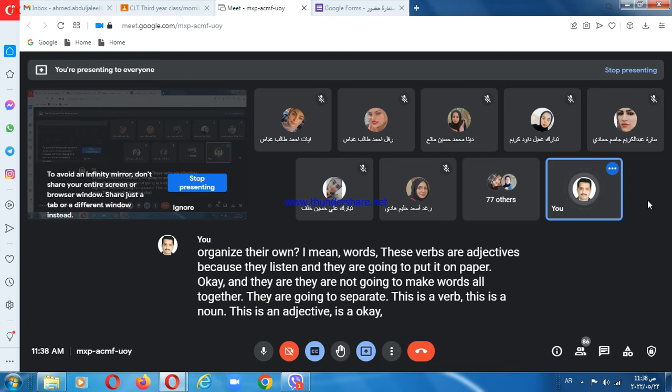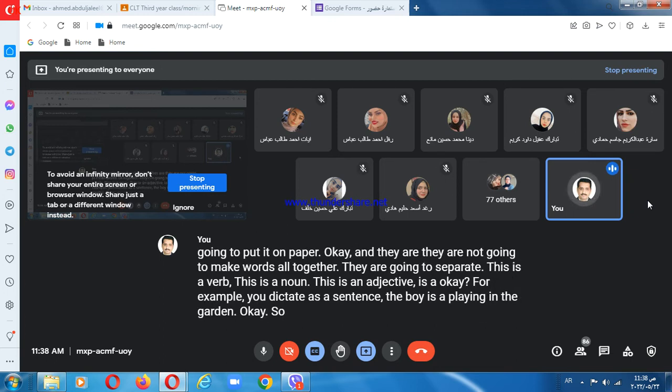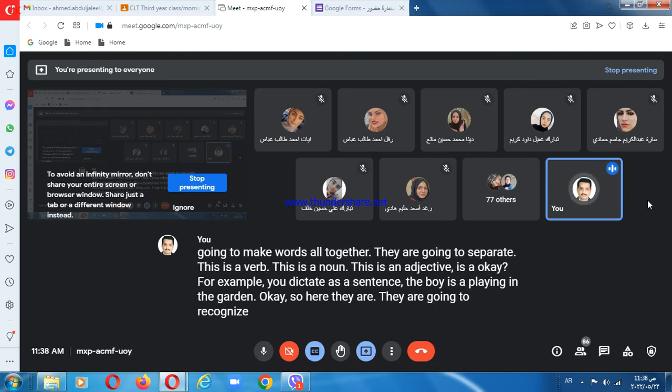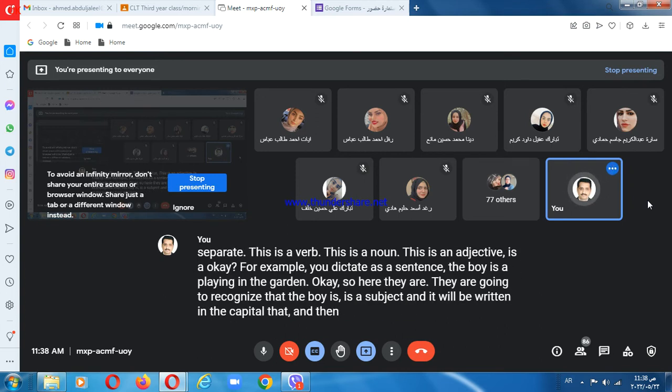For example, you dictate a sentence: the boy is playing in the garden. Here they are going to recognize that the boy is a subject, and it will be written with a capital letter, and they are not going to confuse words.